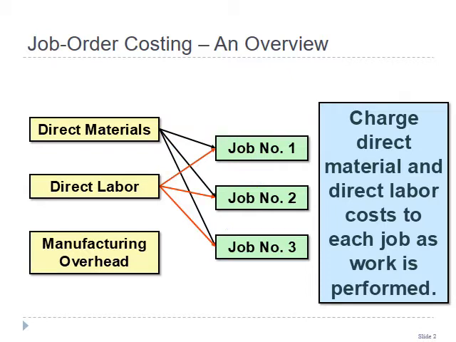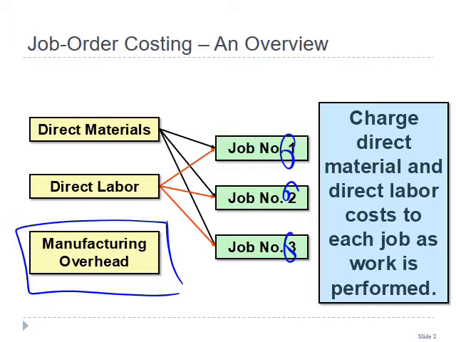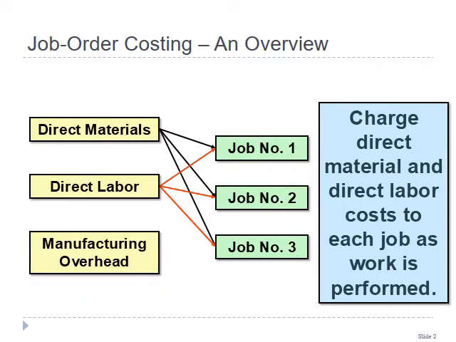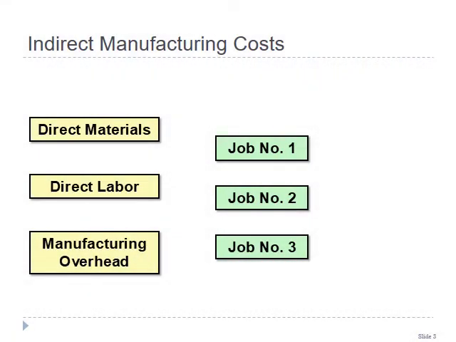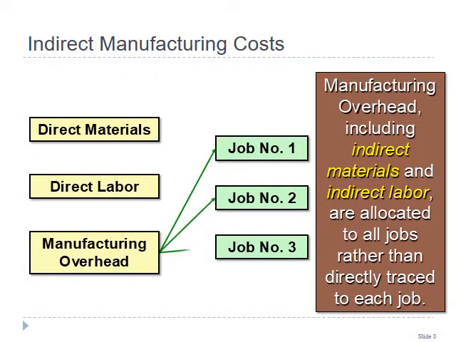So the real problem occurs with those materials and labor which we cannot trace or apply conveniently on these jobs. Let's move further. Like I told, indirect material is basically applied on job 1, job 2, and job 3.